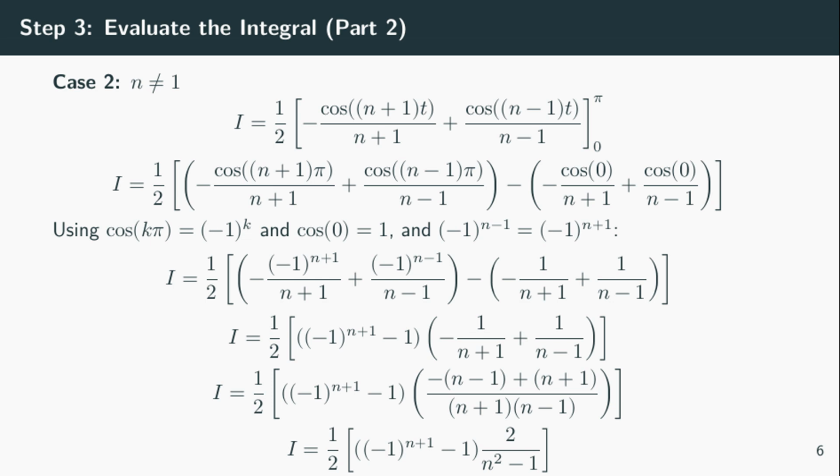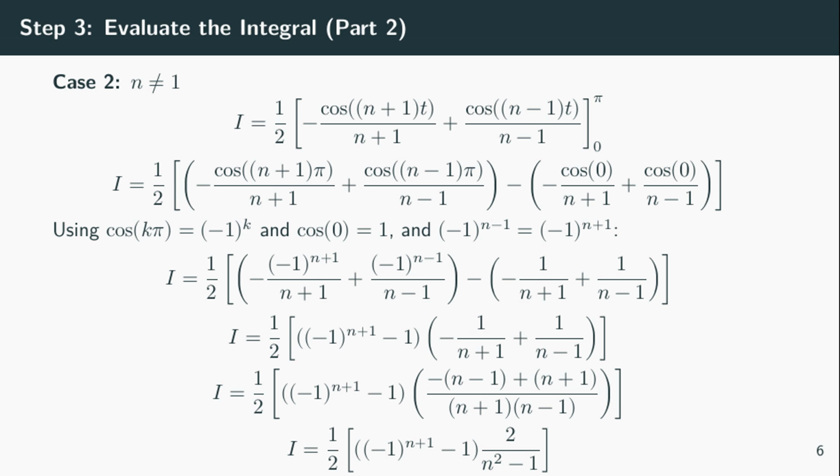Rearranging terms, we get 1/2 times open bracket minus 1 to the power of n plus 1 times minus 1 over n plus 1 plus 1 over n minus 1 minus minus 1 over n plus 1 plus 1 over n minus 1 closed bracket. This can be factored as 1/2 times the quantity minus 1 to the power of n plus 1 minus 1 times the quantity minus 1 over n plus 1 plus 1 over n minus 1.